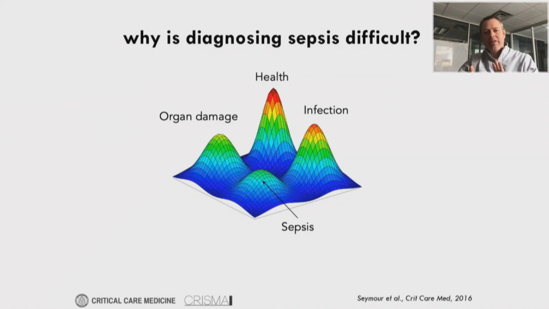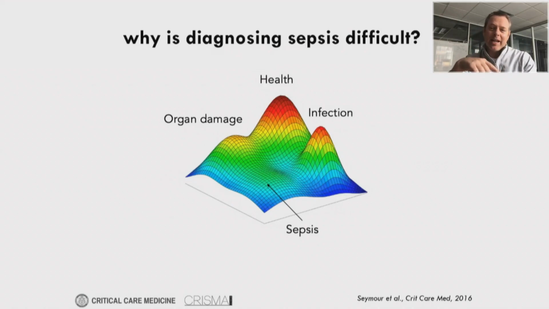And when together, they identify the septic patient. Of course, that was the ideal model. This is really the world we live in, where distinguishing between organ damage that's acute from chronic is quite a challenge, as is an infection from health. And therefore, it's very difficult to classify patients on a surface that might have this representation.